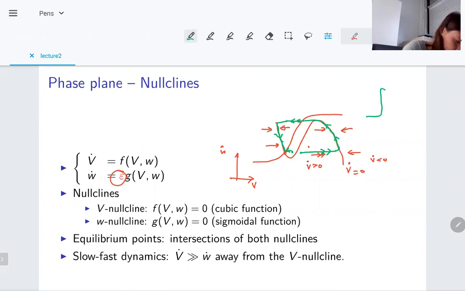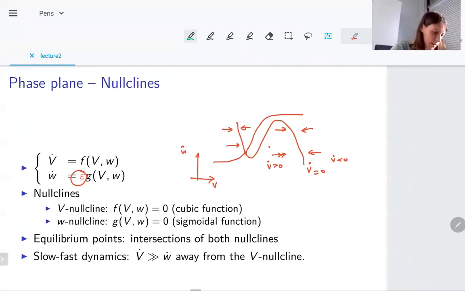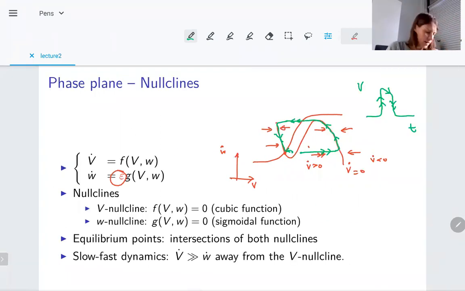So this is time and this is voltage. This corresponds to this slow and then back to the equilibrium. So this is what happens when the equilibrium point is stable.